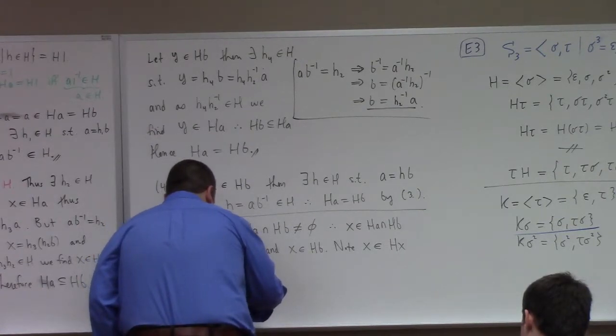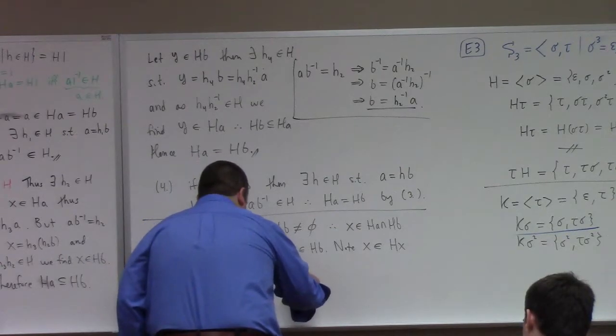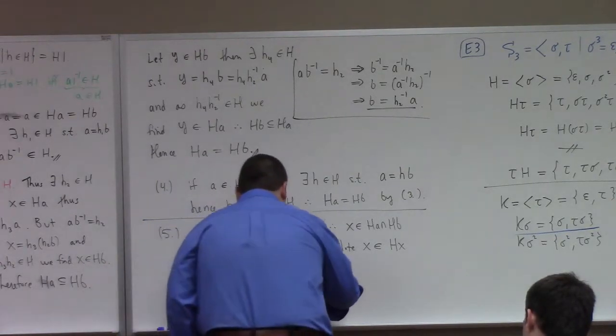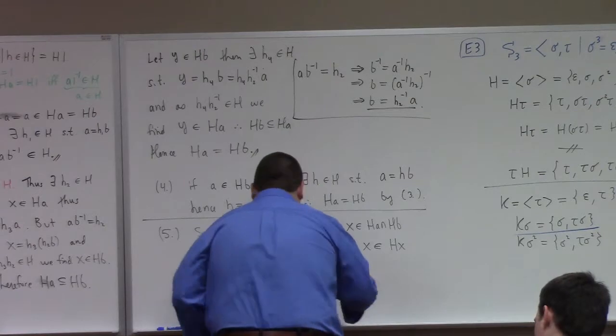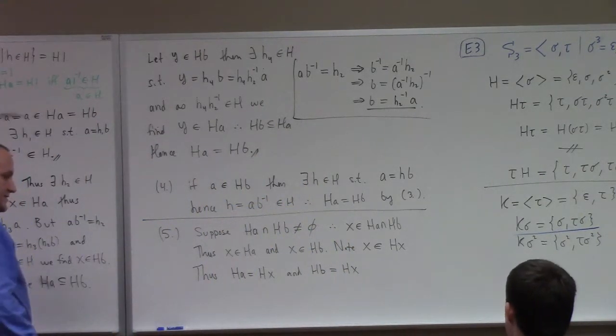Thus, HA. These things get so close to me in my mind that I have trouble separating them at some point in the proof, because these are all very much related. But you guys tell me, what argument am I using to say HA equals HX, and HB equals HX?